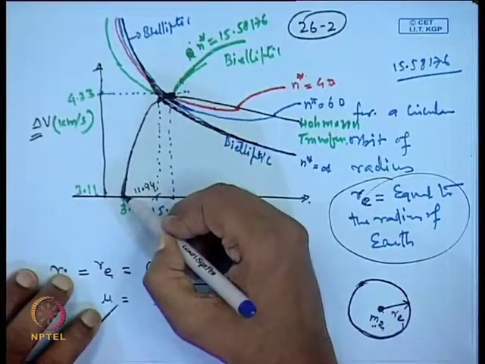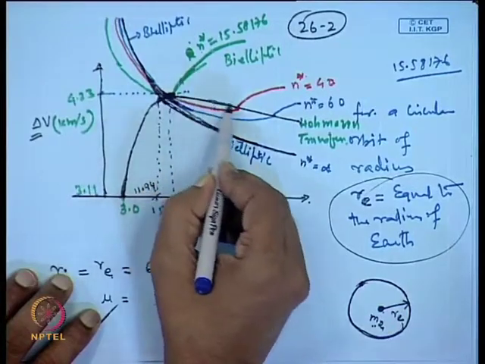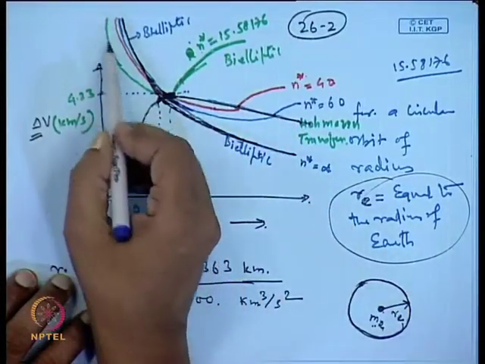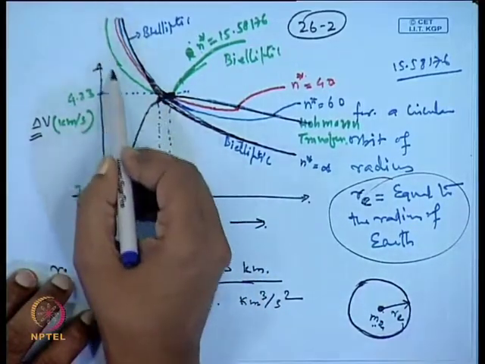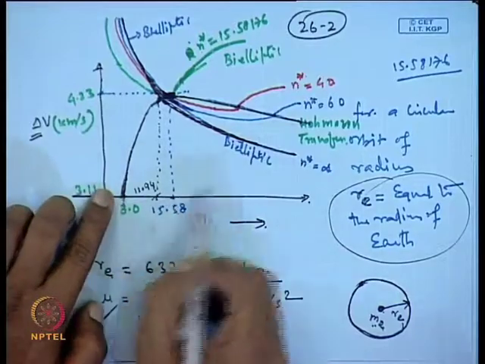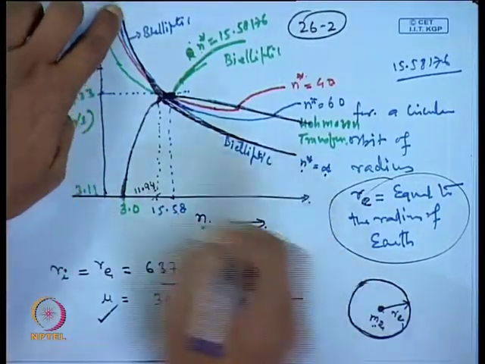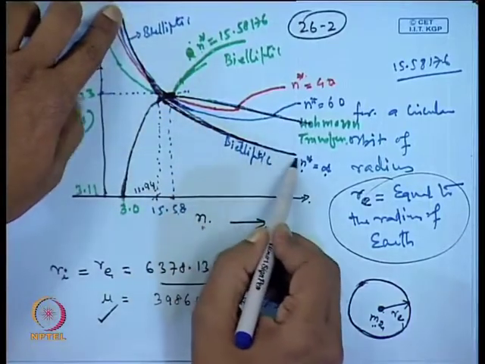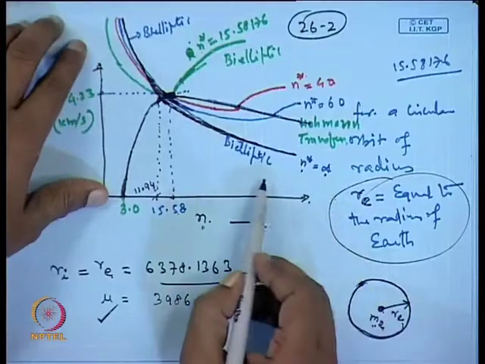Okay. So, the Hohmann transfer starts from here and it goes into this direction, while the bielliptic transfer curves, for the smaller value of n, start here, as we take the value of n star equal to infinity. So, it is starting here in this place, okay, and as we change the value of n, it is progressing in this direction.